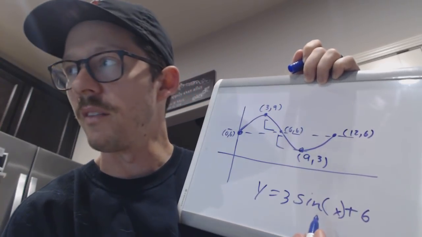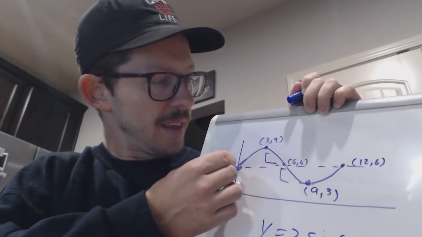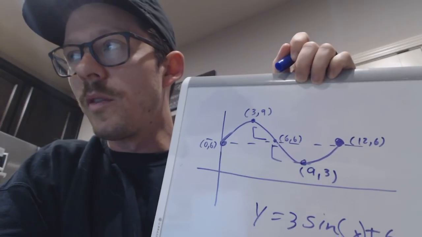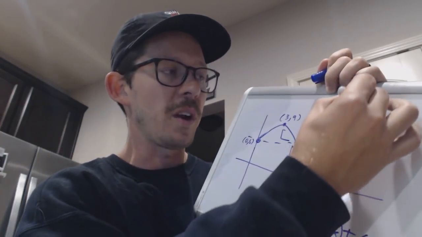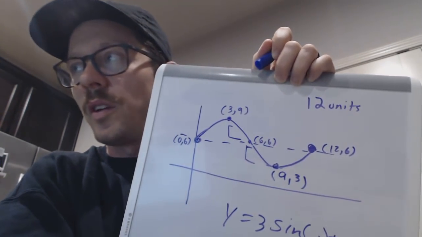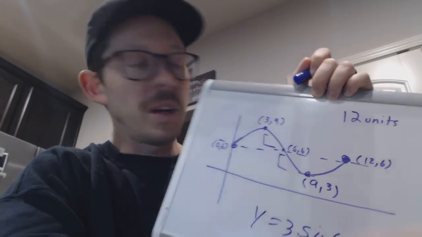What do I put in front of the X? Okay, well, let's look at this. This is 0, this is 12, right? From 0 to 12, this sounds weird, but it's 12 units. The period is 12. Okay, so watch this.